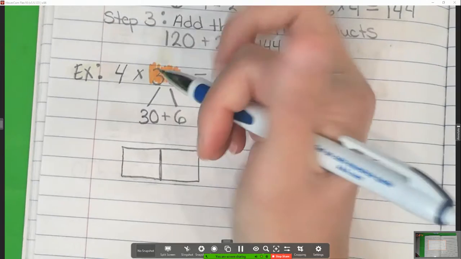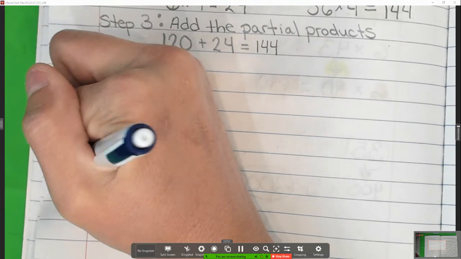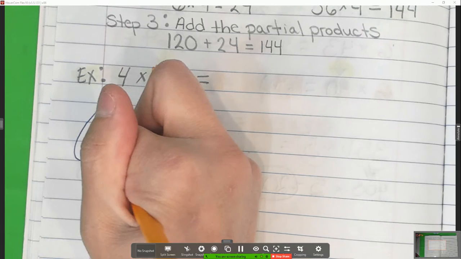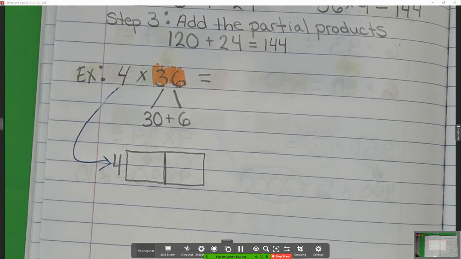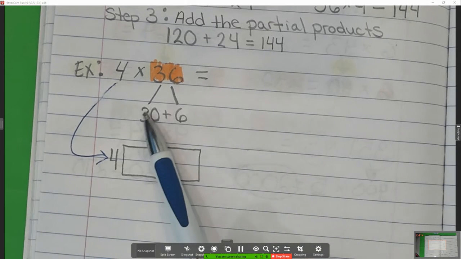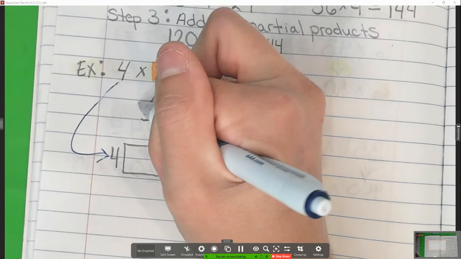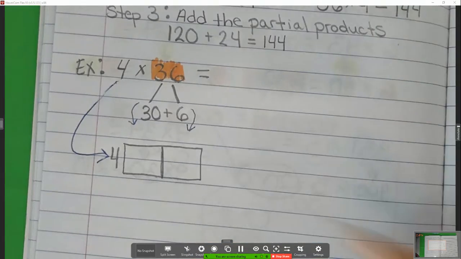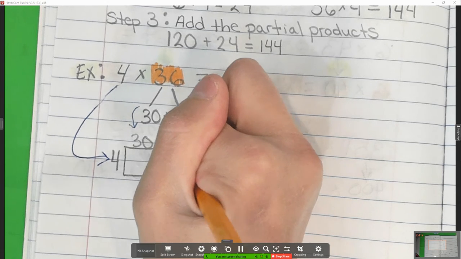I'm going to take this first factor, and it's going to come over here. So I'm going to put a 4. And now I'm going to take these 2 that I expanded and bring them down to my box. I'm going to say 30, and I'm going to say 6.